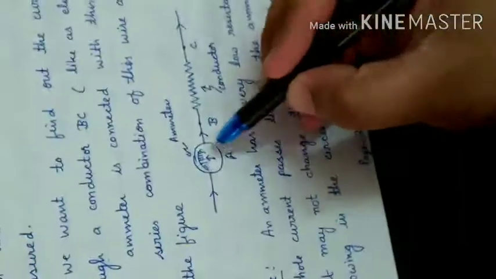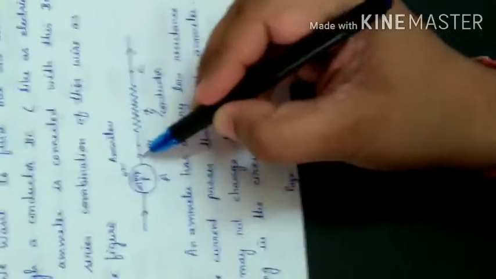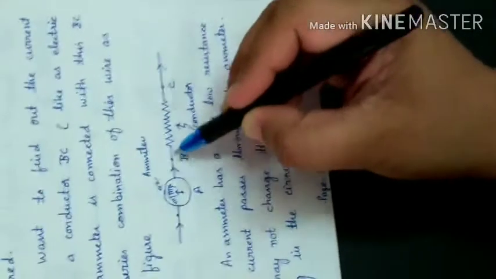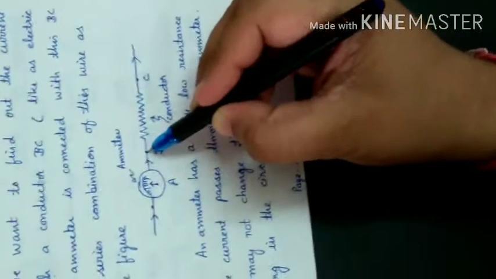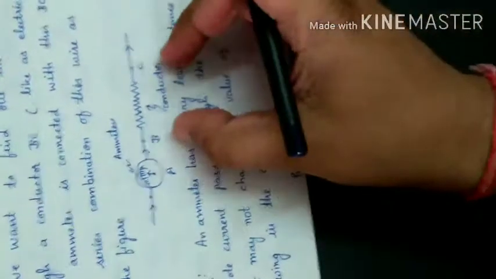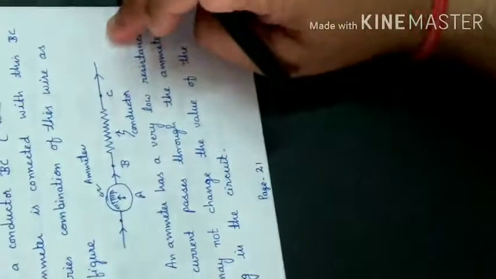This is an instrument known as an ammeter. One wire of the ammeter is connected to point B and the other to C. This combination is called series combination. When B and C are connected like this, the combination is called parallel combination, but this is called series combination.